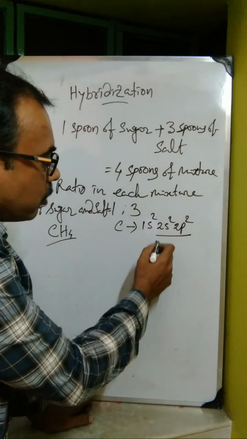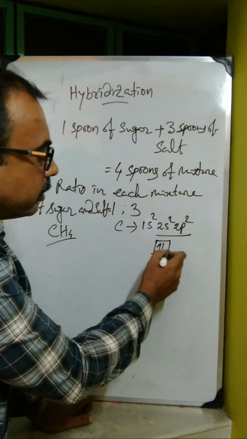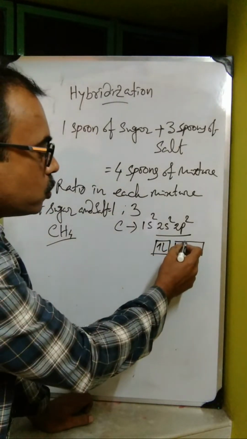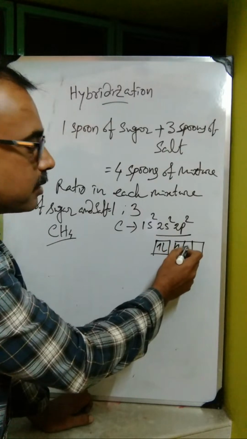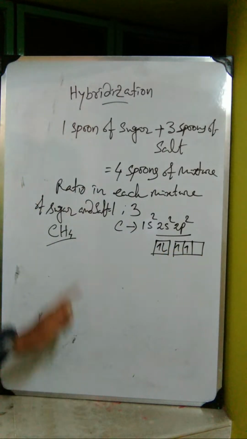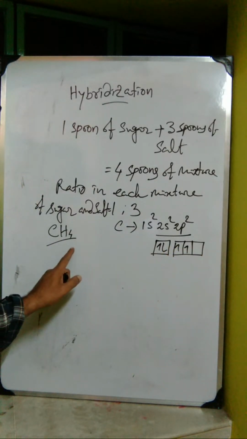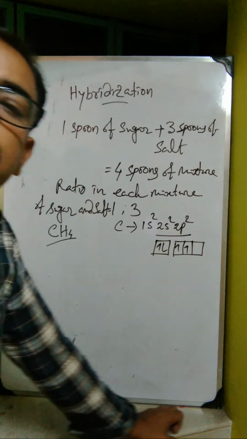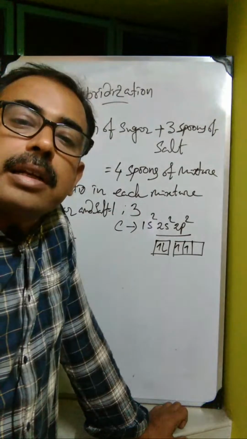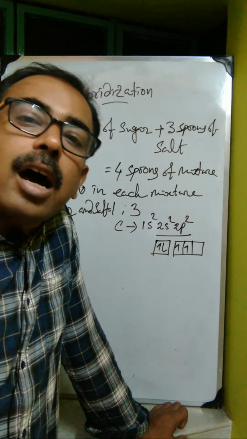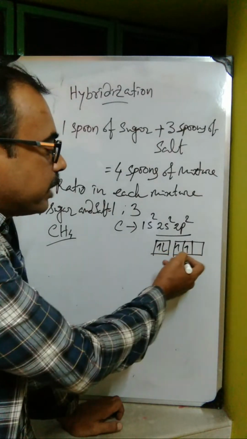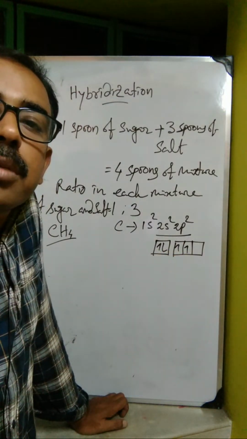In the 2s orbital a paired electron pair is present, and in the 2p orbital 2 unpaired electrons are present. Since carbon has already made 4 covalent bonds, it should have 4 unpaired electrons in its valence shell, but here only 2 unpaired electrons are present.